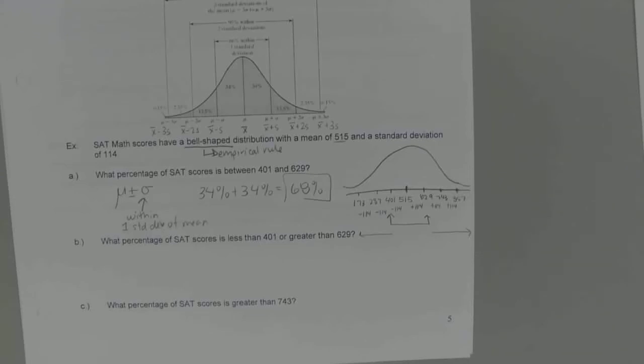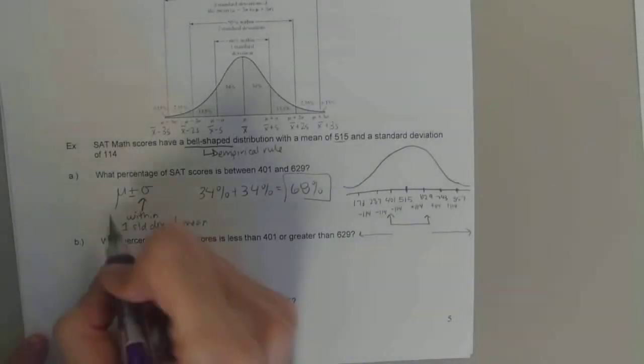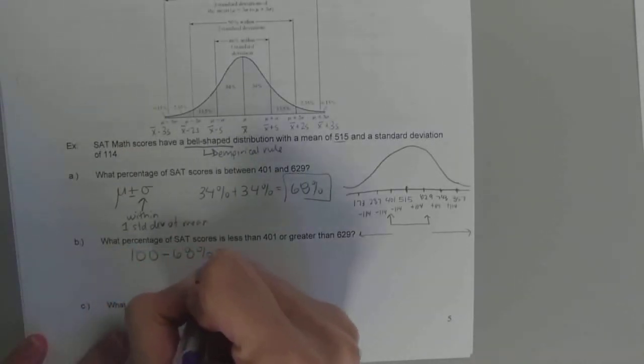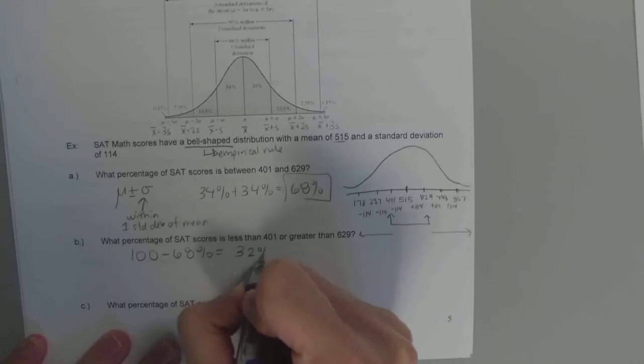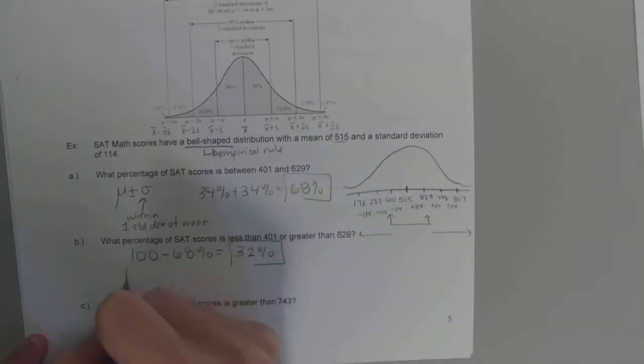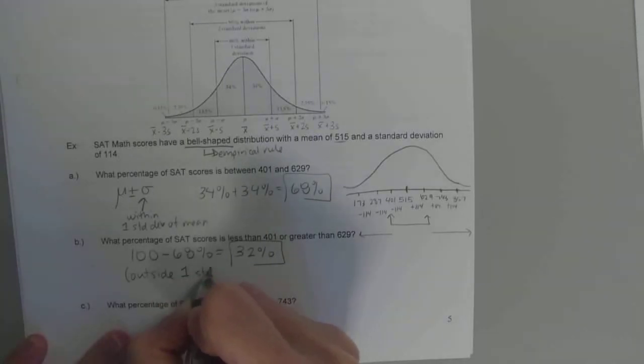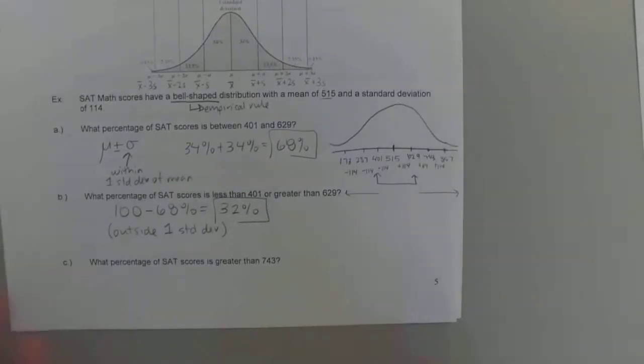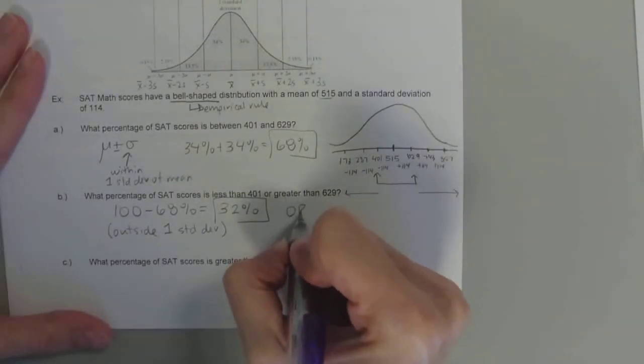This plus this, 16 and 16, okay? So you can do it one of 2 ways. I would do it exactly like Spencer and just do the 100 minus the 68%. So outside 1 standard deviation.